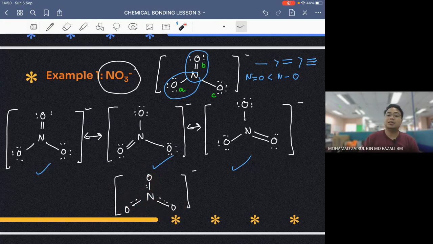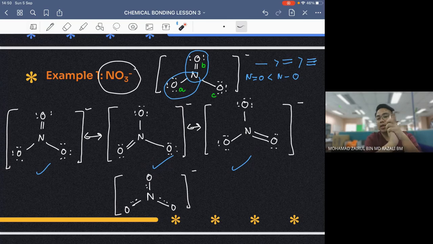Ini kita panggil dia sebagai resonance structure, di mana one Lewis structure is not enough to adequately explain the actual structure of the molecule. So maknanya untuk NO3 minus, dia ada 3 Lewis structure yang kita boleh gunakan untuk represent the actual Lewis structure tu dan kita gabungkan dia. Okay.